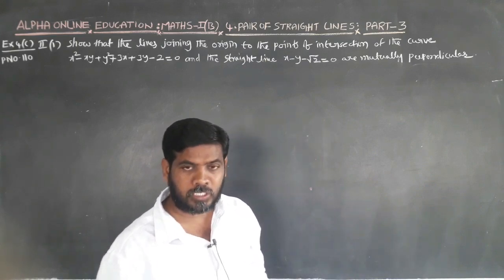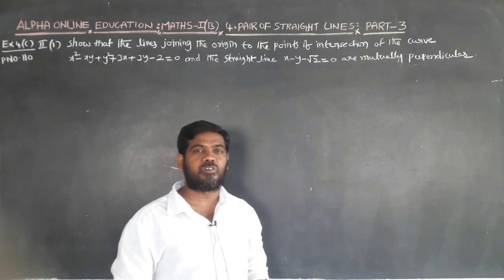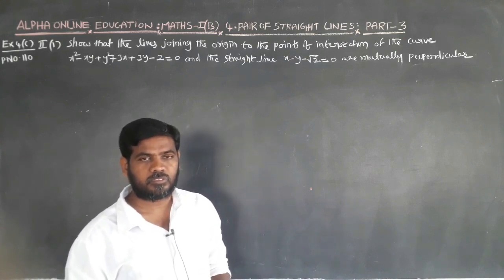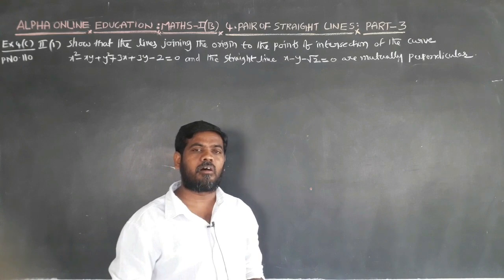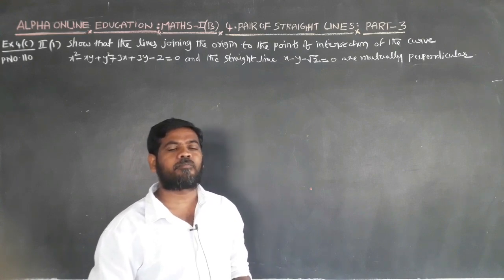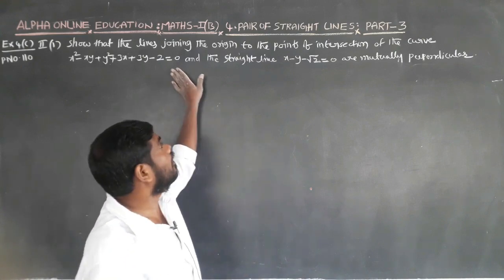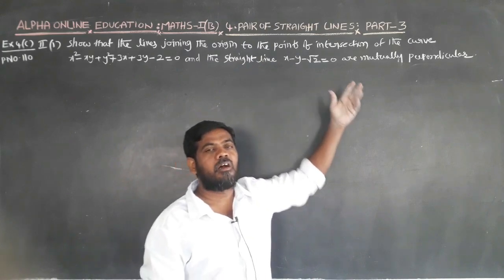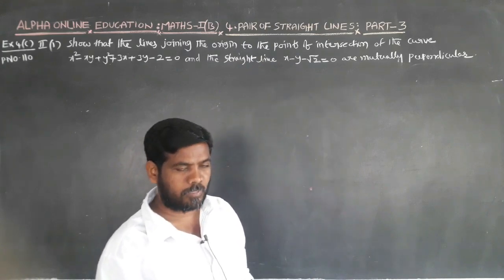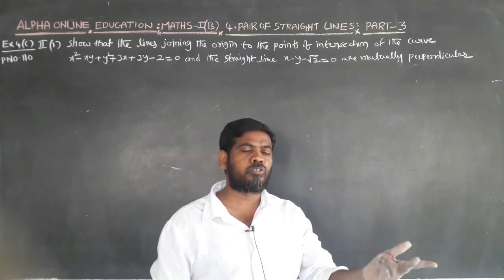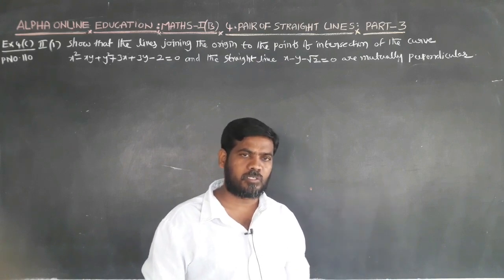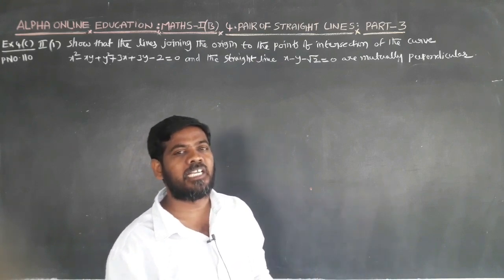Here we prove that the lines joining the origin to the points of intersection of the curve and the line are mutually perpendicular. Means here we prove that the angle between the two lines is 90 degrees.